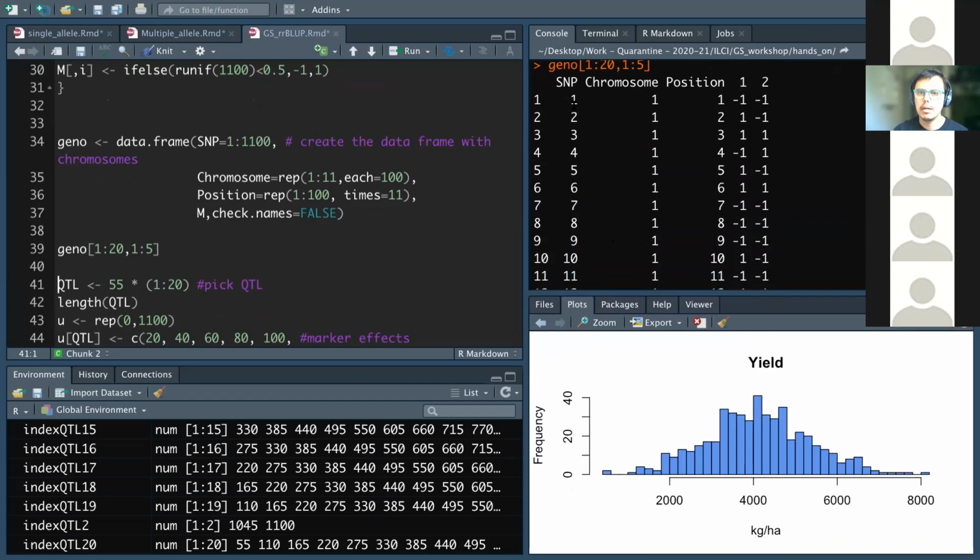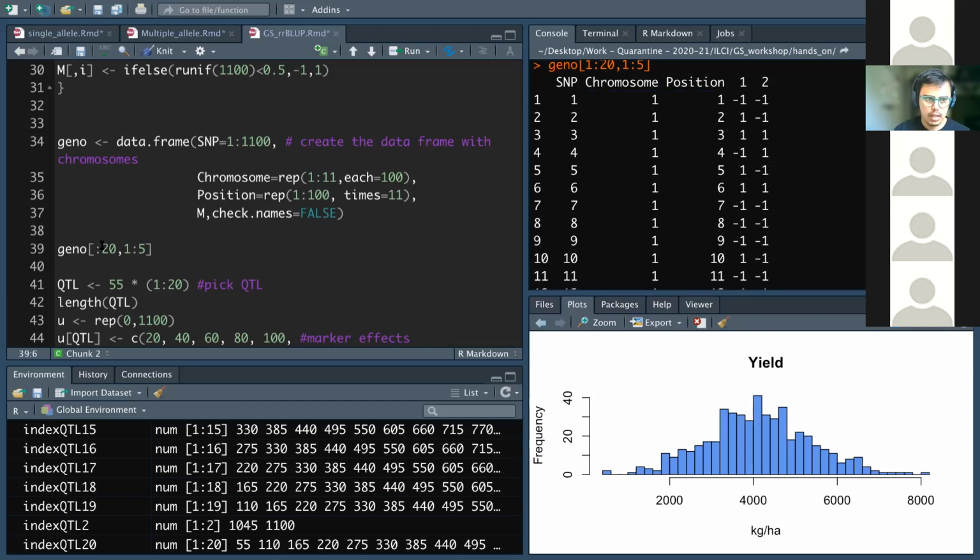Remember that I named the ID of each marker just with a consecutive number. So the first molecular marker, which is in chromosome 1 in position 1, has the ID 1, because it's easy for the simulation.